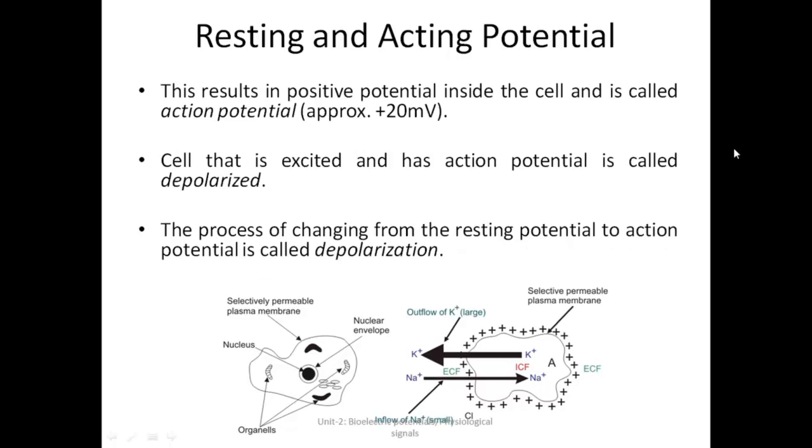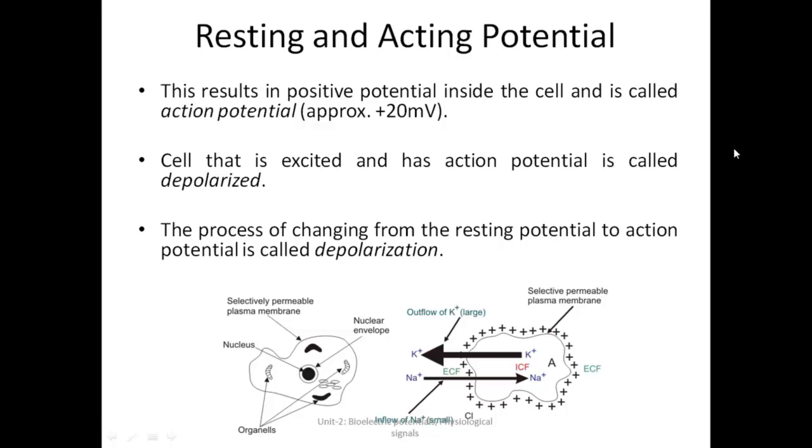This results in a higher positive potential within the cell as compared to the cell fluid, because the sodium ions, which are positive, accumulate inside the cell. Potassium ions, which are also positively charged, try to escape, but their movement is not as fast as sodium. So there is a high positive potential accumulated inside the cell. This potential is called the action potential, and its approximate value is around 20 millivolts for a specific kind of cells.